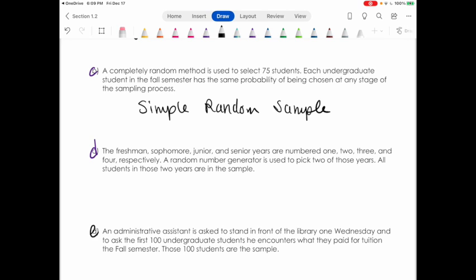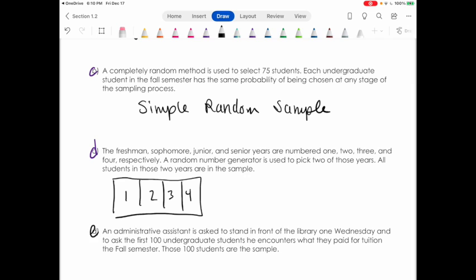Part D, the freshman, sophomore, junior, and senior years are numbered 1, 2, 3, and 4 respectively. A random number generator is used to pick 2 of those years. All students in those 2 years are in the sample. So this is the case where you split up into groups again. Here's my whole population split into groups based on freshman, sophomore, junior, senior, and it's labeled as year 1, year 2, year 3, year 4.